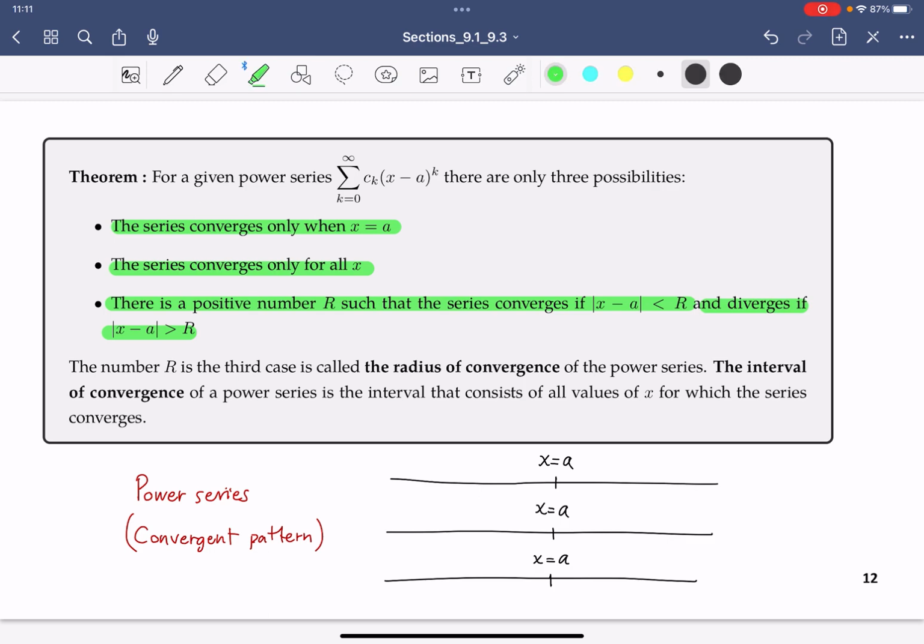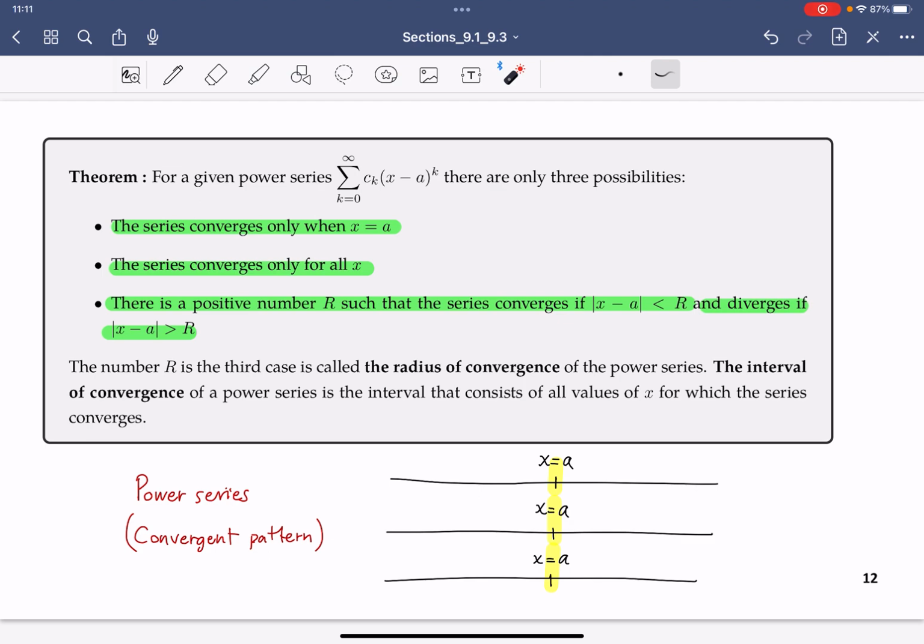At x equals a here, it's always convergent, because if you plug in x equals a, it's going to be 0. Most of the terms are going to be 0 except the first term. So at x equals a, it's a convergent series.